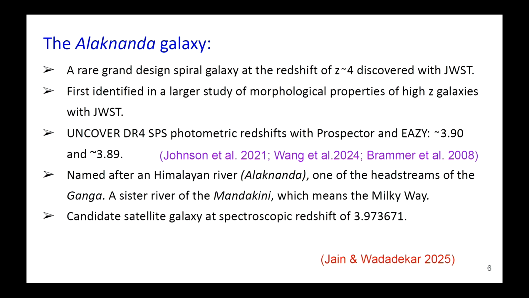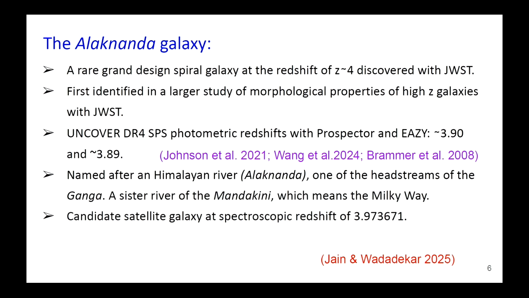We identified this galaxy in a larger study of morphological properties of galaxies at high redshifts of 3 to 8, and out of that sample in the UNCOVER data set. The UNCOVER data set has 70,000 objects, and at redshift greater than 3, this was the only galaxy that showed a very prominent spiral structure.